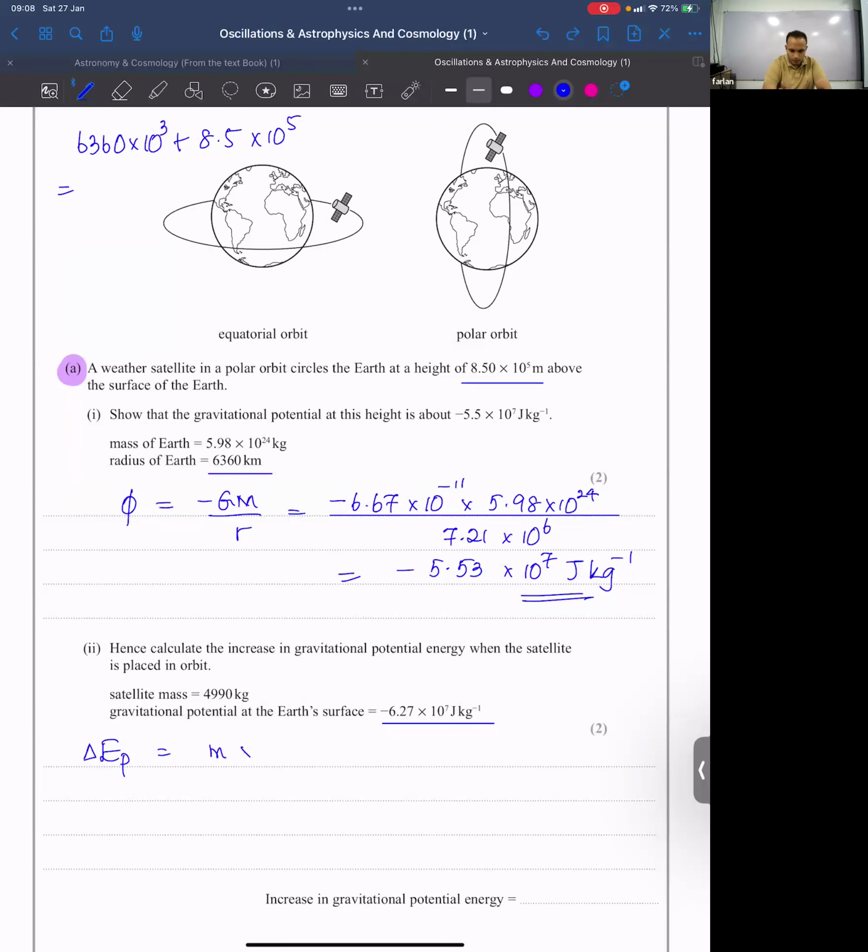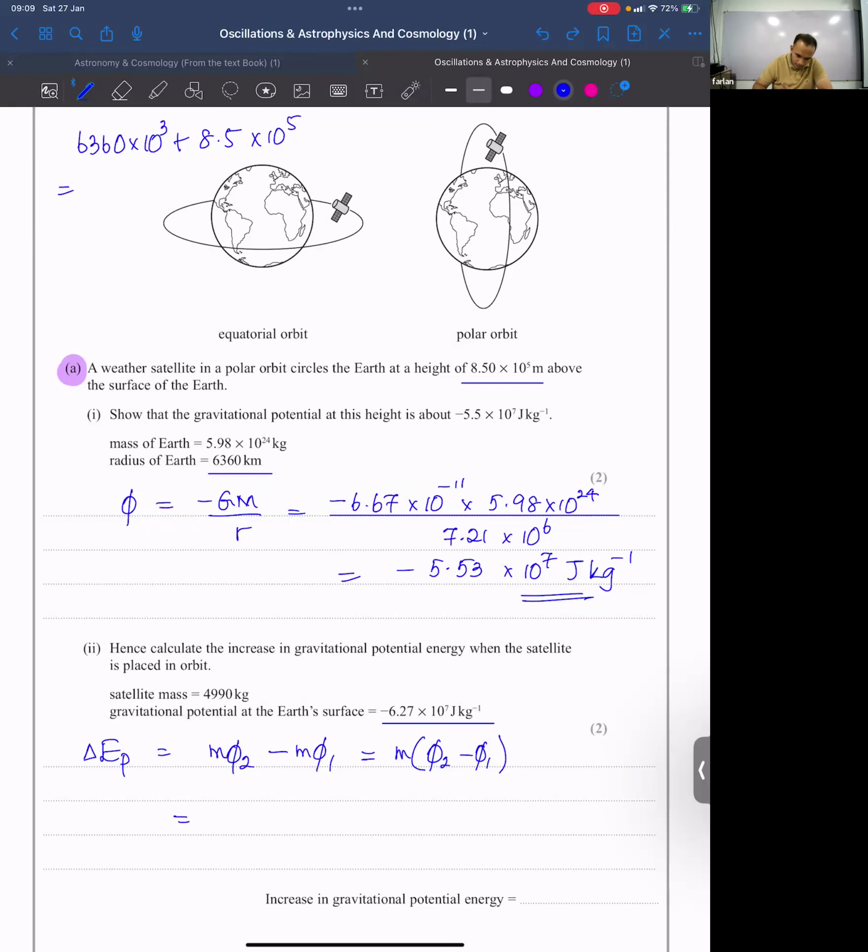So if you want it like this, I can take m into phi2 minus m into phi1. M into phi2 is the potential energy once you put it to the orbit, minus m into phi1 is the potential energy when it is on the surface of the Earth. So since m is common, if I take the m out, that is phi2 minus phi1. Agree?